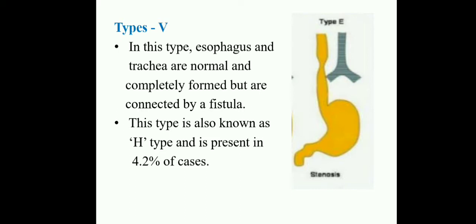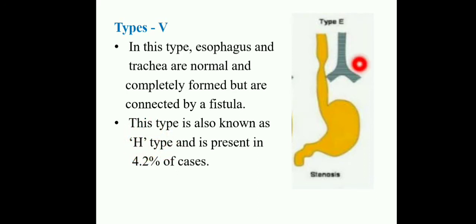This type is also known as H type and is present in 4.2% of cases. What is H type? It looks like an H. Here, this is the esophagus, this is the trachea, but there is one small connection, that is the fistula. This type is called H type.